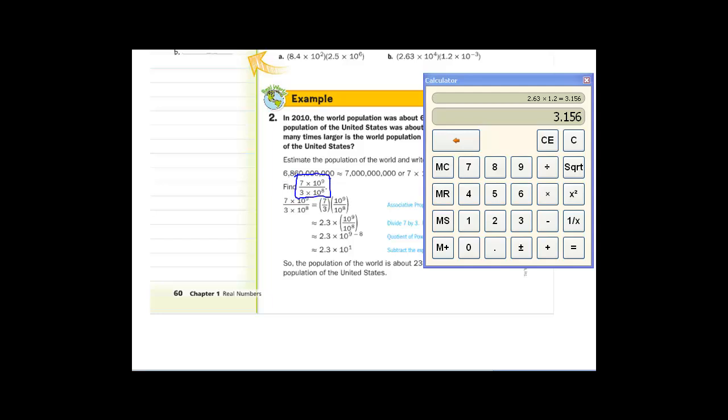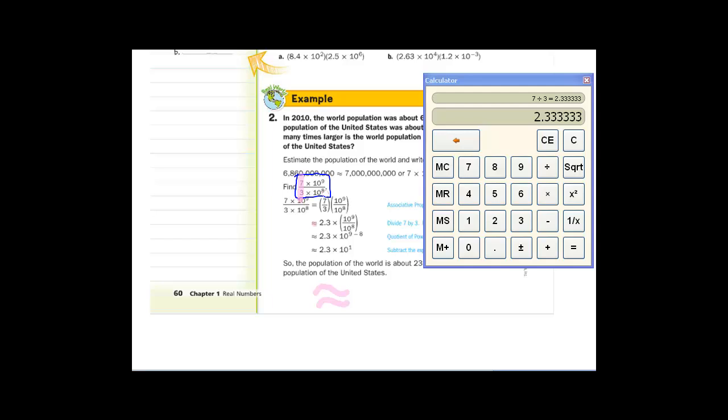Just forgetting about the whole word problem, basically, you've got 7 times 10 to the 9th divided by 3 times 10 to the 8th. Corresponding parts tells me I'm going to divide 7 divided by 3. I get 2.3 repeating, and that little squiggly line means it's not quite an equal, so it's about 2.3 times 10 to the, now 10 to the 9th divided by 10 to the 8th.